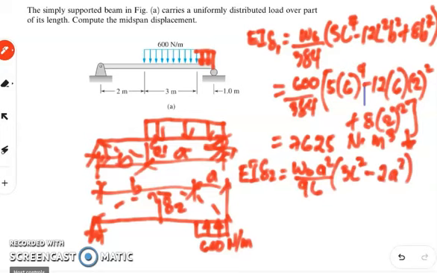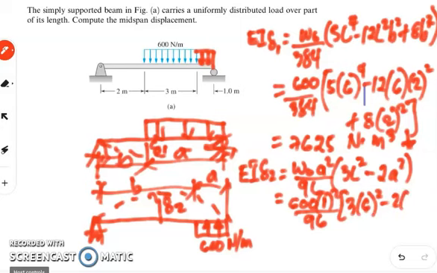If we try to substitute, you have 600 times 1 squared all over 96, then times 3 times 6 squared minus 2 times 1 squared. If we simplify, we get a value of 662.5 Newton cubic meter.